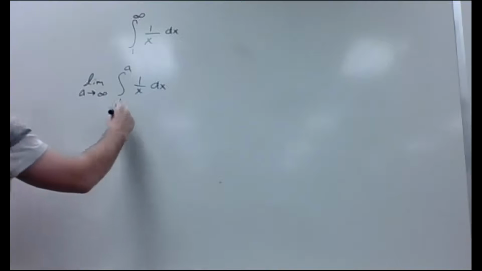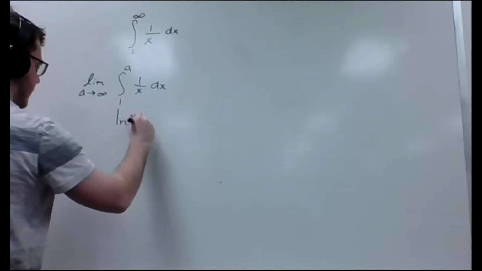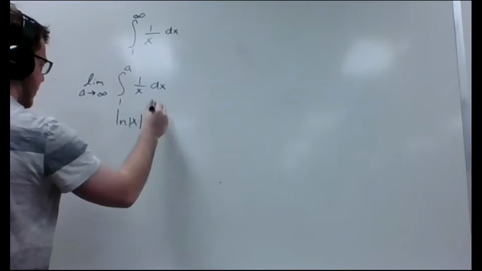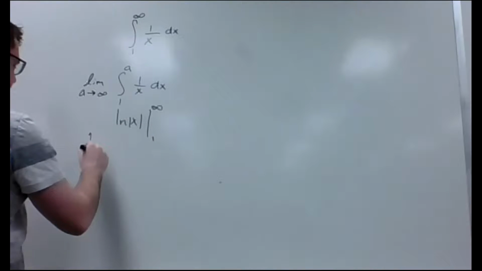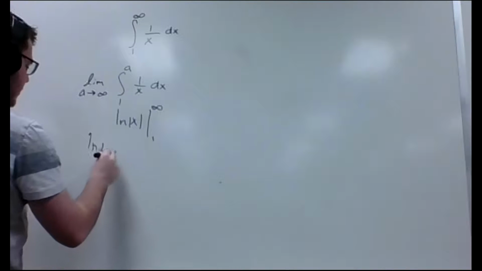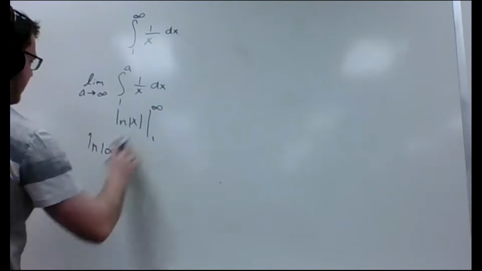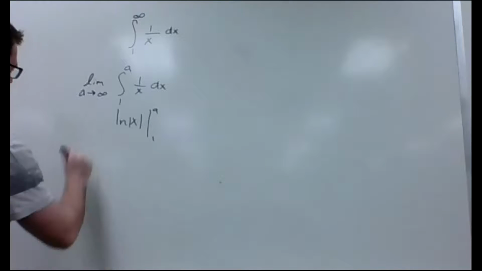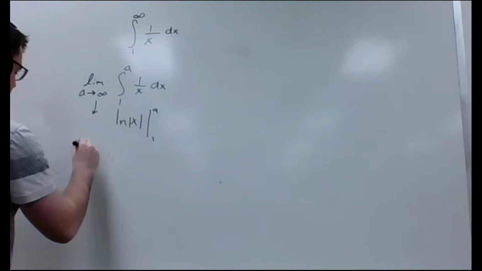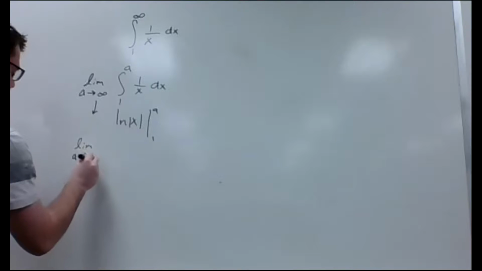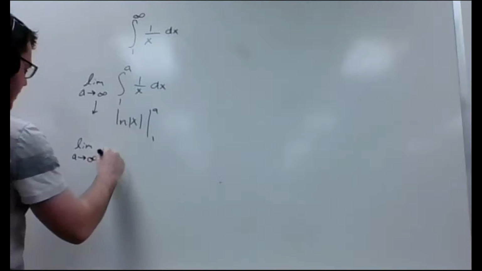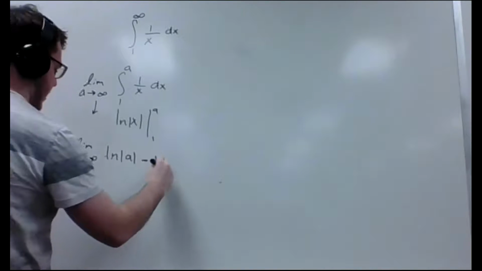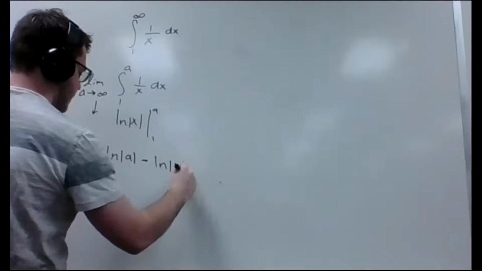all right, and then we can solve this real quick. So ln of x, right, as it goes from 1 to infinity. And this is actually a, and this is a limit. So this limit carries down. So limit as a approaches infinity of ln a minus ln 1.